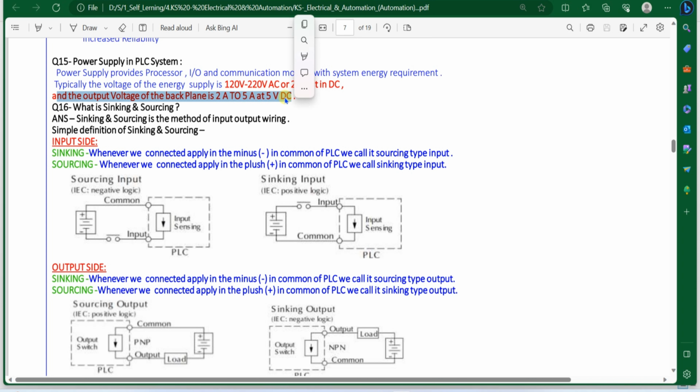Because when we upload a program in the PLC, for the saving of the program in the PLC, a 5 volt battery is inbuilt.